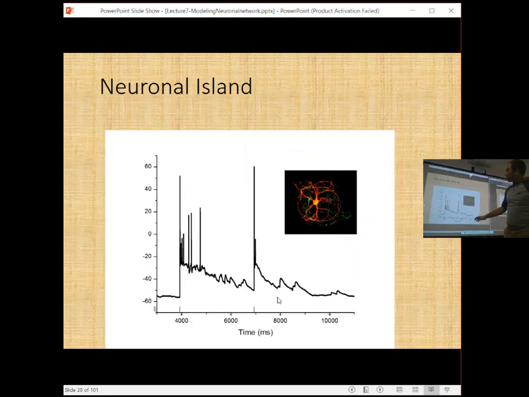And when they looked at the data, they found that when a neuron is excited, it leads to an excitation of the ensemble, of the island. And the excitation could last for seconds, which has nothing to do with the classical time scale of a spike or depolarization.